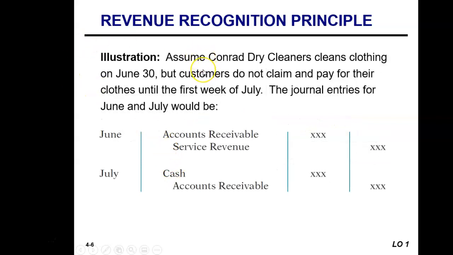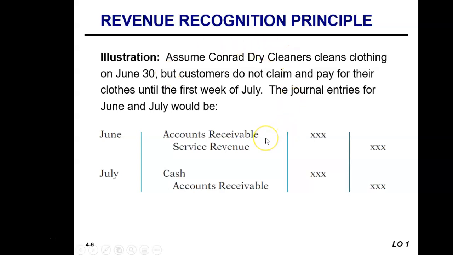Okay? Assume Conrad Dry Cleaners cleans clothing on June 30th, but customers do not claim and pay for their service until the first week of July. On June 30th, the performance obligation has been satisfied. So on June 30th, we're able to recognize revenue. Now, because the customer hasn't paid us yet, they owe us money.